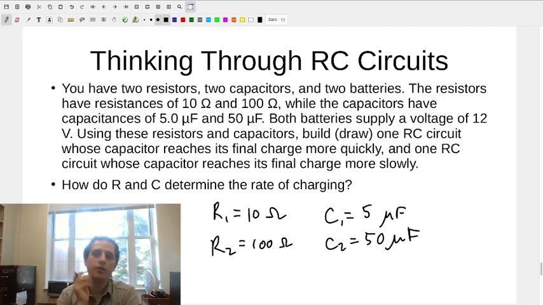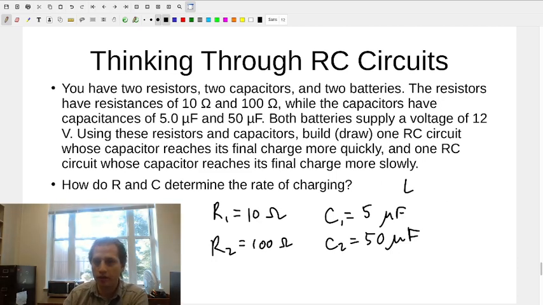Both batteries supply a voltage of 12 volts. Using these resistors and capacitors, draw one RC circuit whose capacitor reaches its final charge more quickly, and one RC circuit whose capacitor reaches its final charge more slowly.